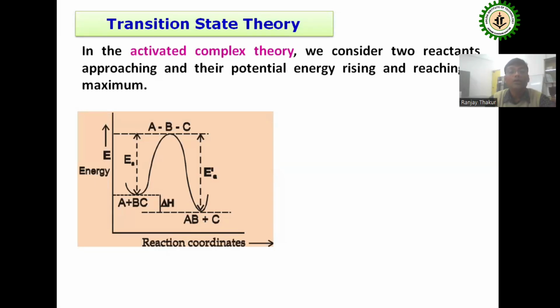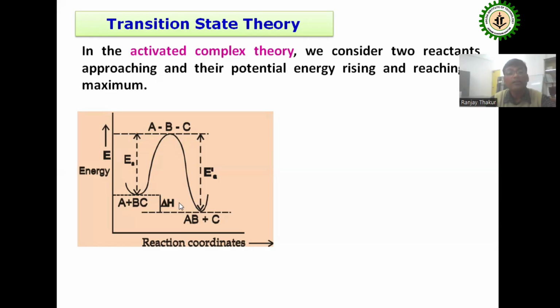Now, in a reaction, if you apply the thermodynamic concept, we know that reactions are mainly of three types: exothermic, endothermic, and isothermic. In this example, you can see A plus BC has this amount of internal energy, but when converted into product, the product's internal energy is lesser than the reactant's. Besides the additional energy absorbed, which is the activation energy, some energy is also released during this conversion.